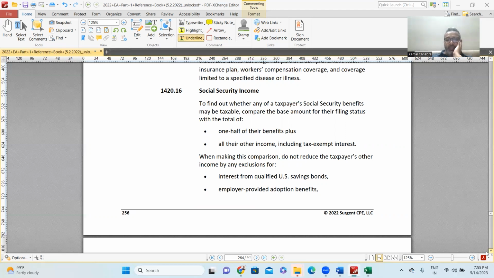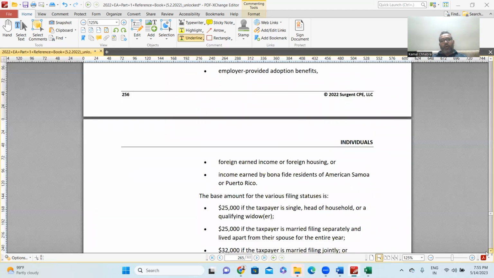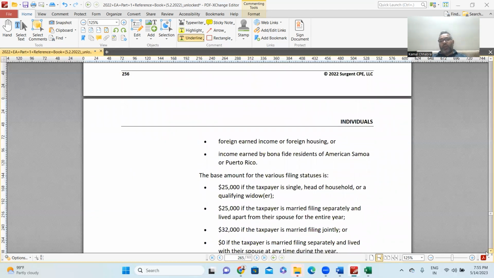When making the comparison, do not reduce the taxpayer's other income by any exclusions, like interest from qualified US savings bonds, employer-provided adoption benefits, foreign earned income, foreign housing income, or income earned by a bona fide resident of American Samoa or Puerto Rico, right?